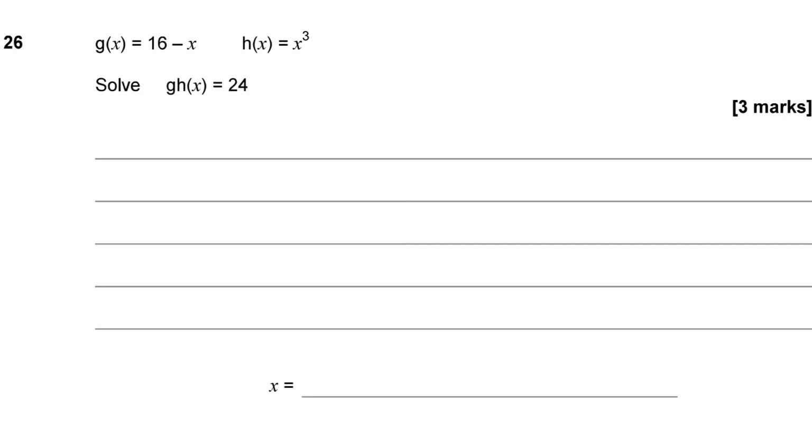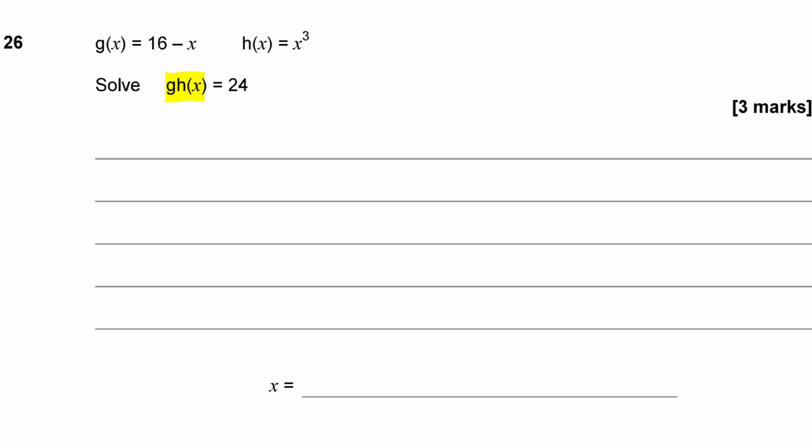Question 26. We're given two functions. g of x, we are told, is equal to 16 minus x, and h of x is equal to x cubed. And we're asked to solve gh of x is equal to 24. Okay, so this is a compound function, isn't it? And the way it works is you have to work from the inside outwards.